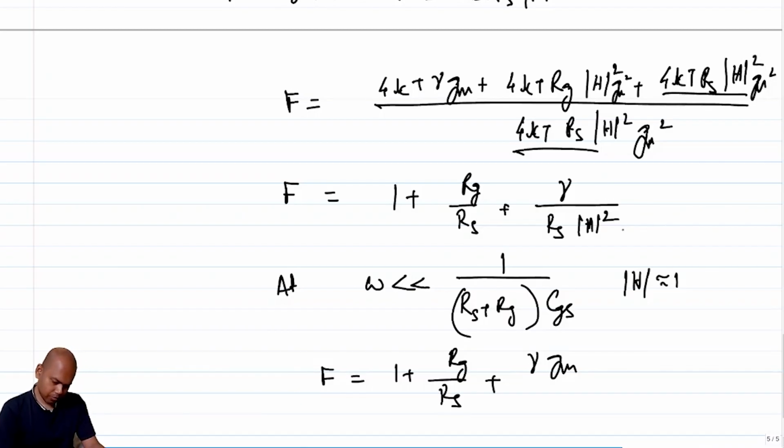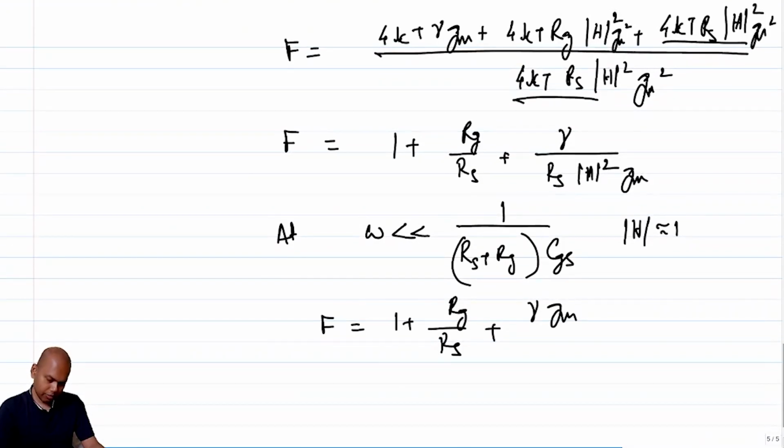So this becomes, the Gm comes in the denominator, right? Yeah, Gm comes in the denominator. So that is unit wise also this makes sense. So this becomes gamma by Gm Rs.